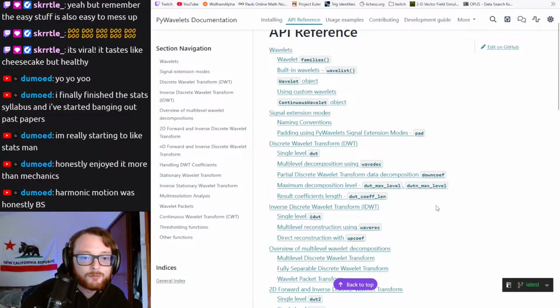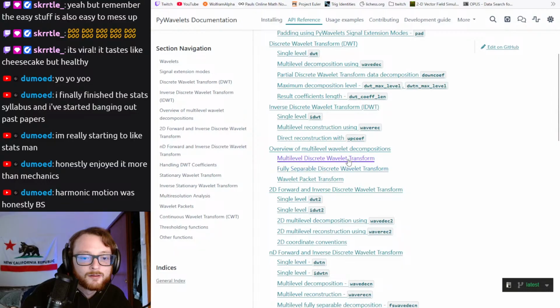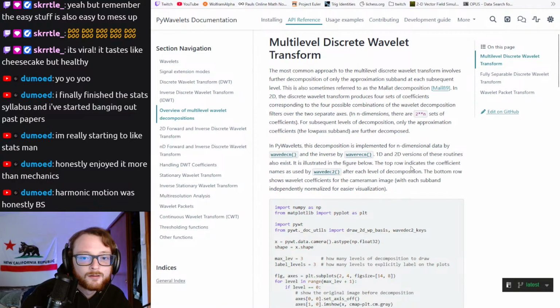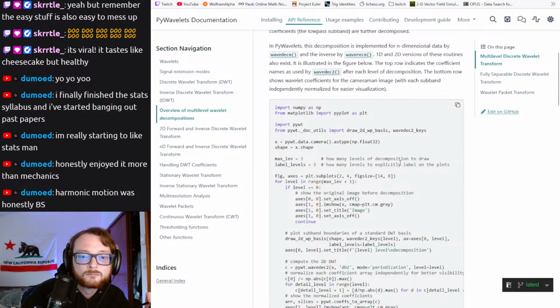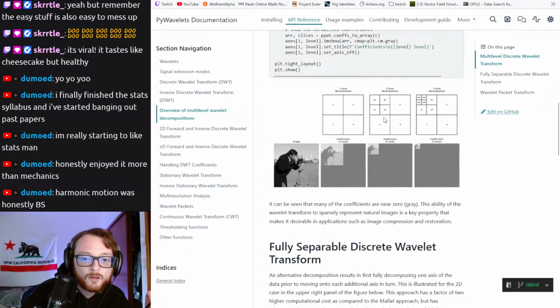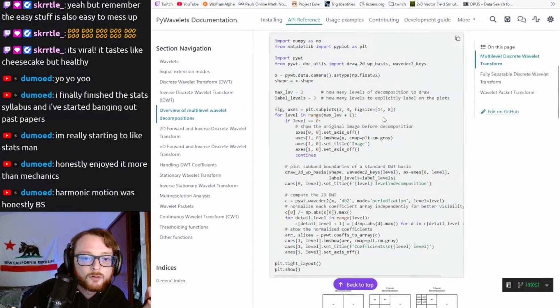Okay, what is DWT max level? One, two, three. This is probably what we want.